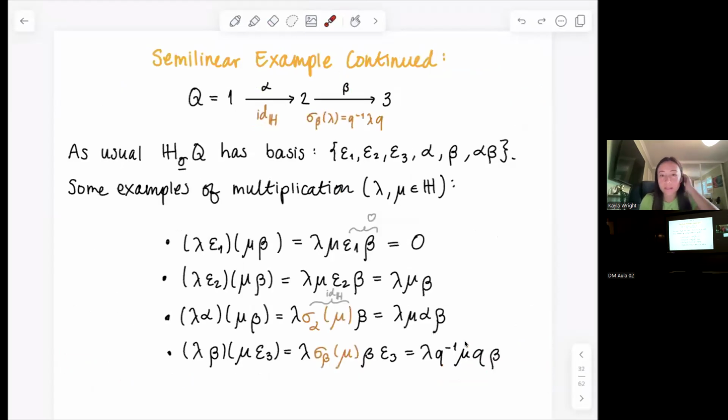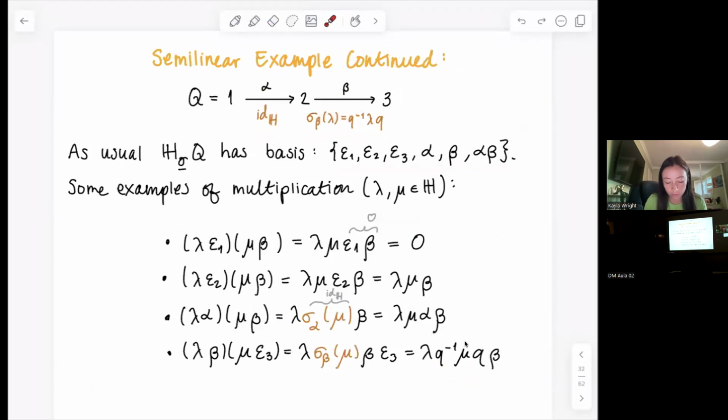So let's go through this example and talk about different multiplications and how they'll work. Recall we put the identity on the arrow alpha and a more interesting automorphism on the arrow beta. The semilinear path algebra still has the same basis as the usual path algebra, but some of the multiplications look a little different. I have some examples here.